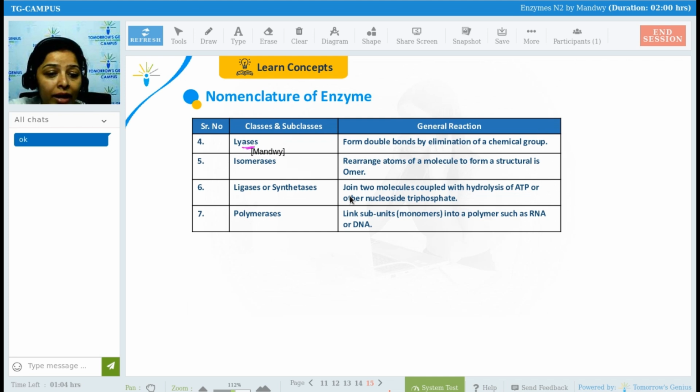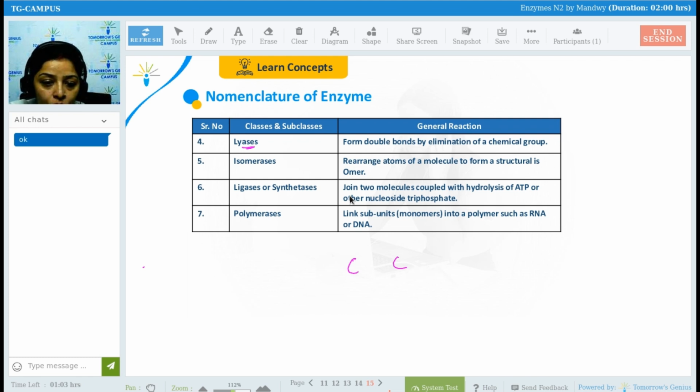Lysis. If you want to remove any substance, suppose you are removing anything which is attached to carbon.